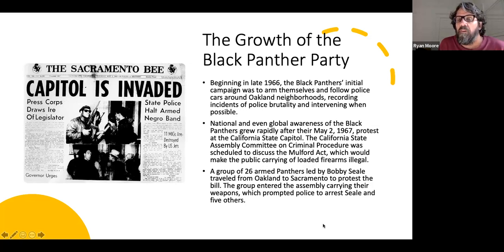Then the group entered the assembly carrying their weapons, which prompted the police to arrest Bobby Seale and some of the other Panthers. They quickly escorted Ronald Reagan out of the Capitol, and it became a huge news event, as you see in the newspaper headline from the following day, with this imagery of Black men in leather jackets and berets and sunglasses and these huge guns. It made for a huge media spectacle.